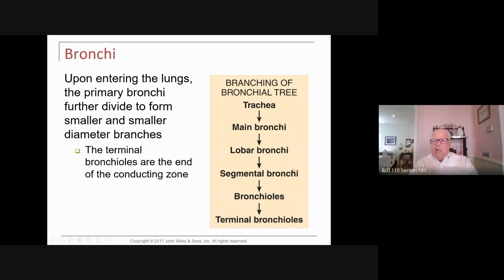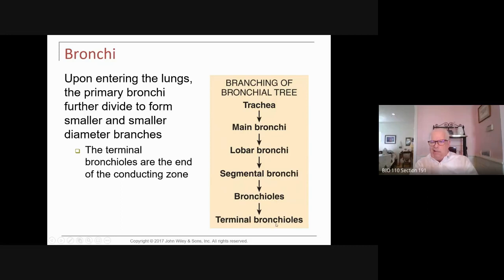Once we go from the trachea to the main bronchi, of which there are 2, then the lobes have bronchi. Each lobe has a bronchus. So the right side has 3, the left side has 2. Then we go from the lobar bronchi to the segmental bronchi. Then we go into smaller bronchi called bronchioles. And then we go into the terminal bronchioles.